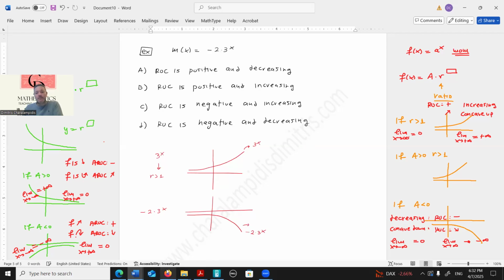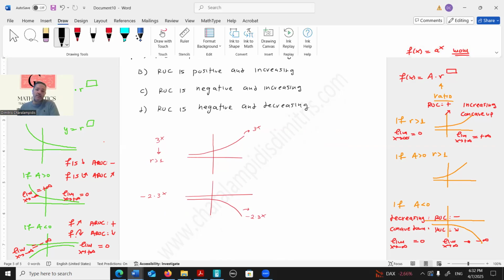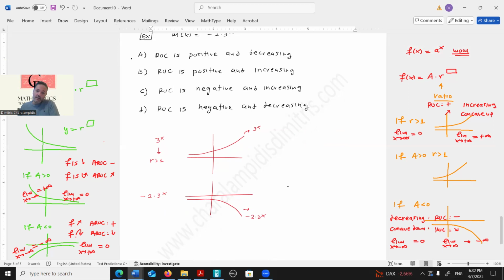Now, since this could be minus 2 times 3 to the power of x, all that we need to do is actually interpret that graph. Regarding its monotonicity, we can clearly see that the graph is decreasing. However, unlike the previous exercise, where we were given descriptions directly of the monotonicity and the concavity, here we are referred to the rate of change.